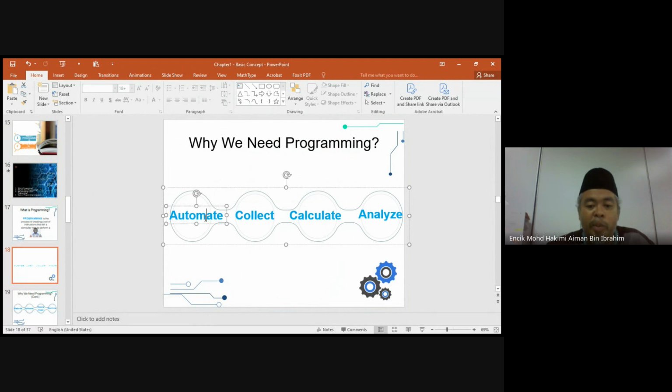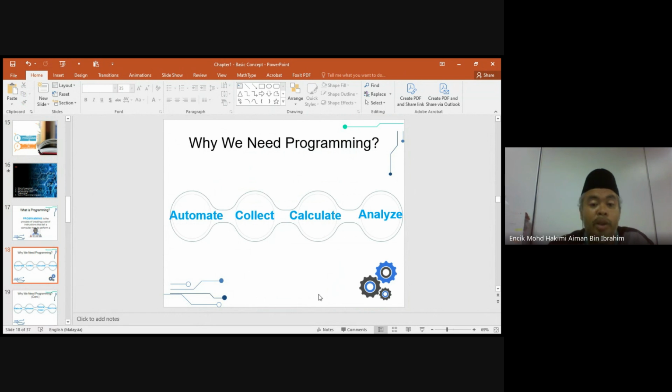Why do we need programming? Because we need to automate, we need to collect, we need to do some calculation, we need to do some analyzation. If we have very big cases, it will consume a lot of time.